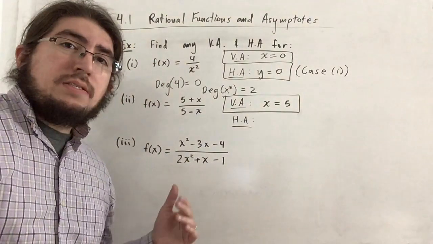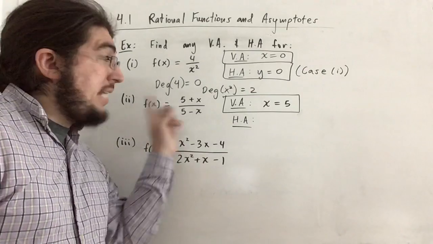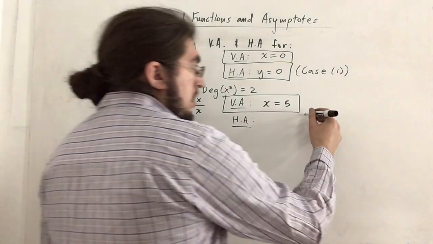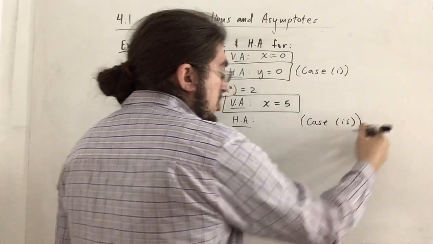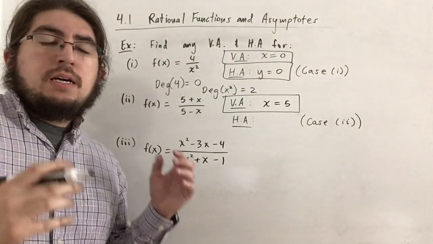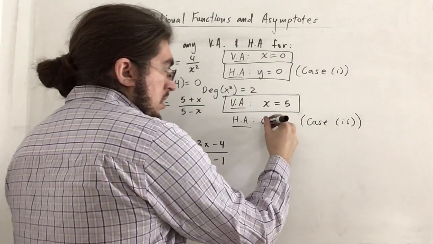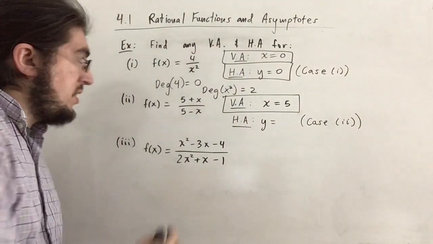For the horizontal asymptote, the degree of the top is 1 because the highest power of x is 1. Same with the bottom. So their degrees are the same. So this is actually case 2. And what does case 2 say to do? Case 2 says that the horizontal asymptote is y equals the leading coefficient of the top divided by the leading coefficient of the bottom.